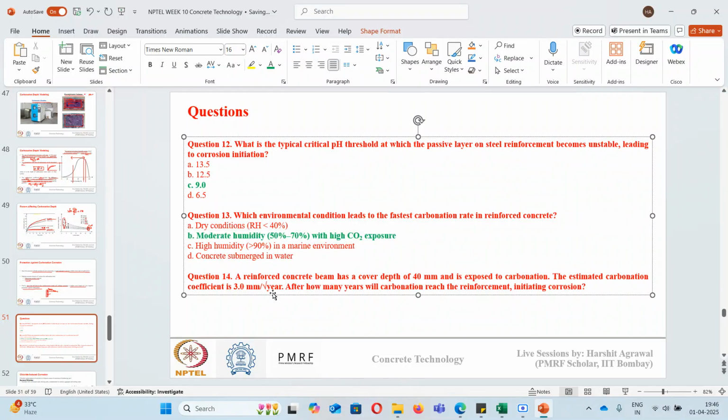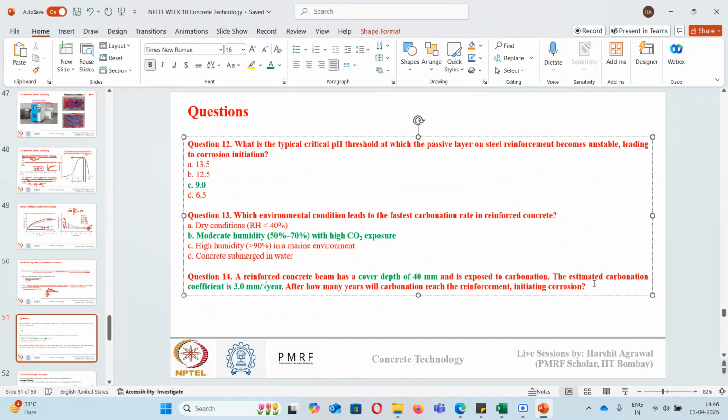Question number 14 is kind of a numerical question. A reinforced concrete beam has a cover depth of 40 mm and is exposed to carbonation. The carbonation coefficient is given as 3 mm per root year. How many years will it take for carbonation to reach the reinforcement, initiating corrosion?